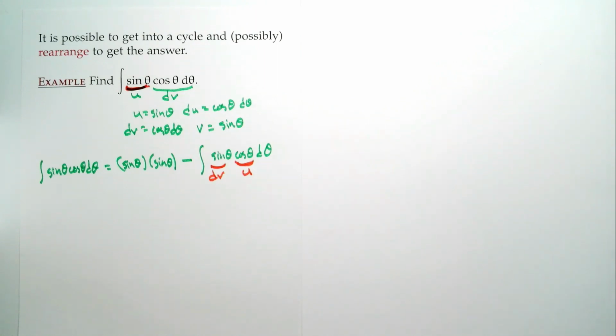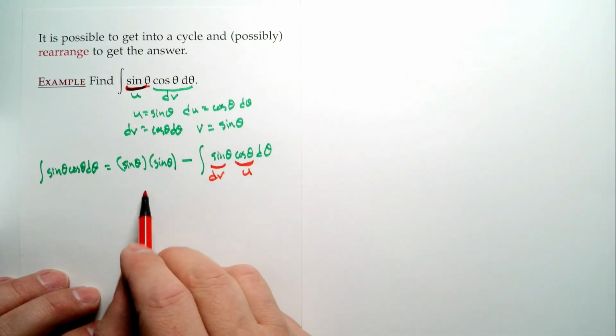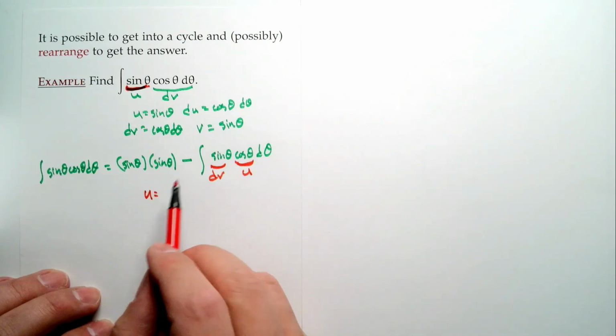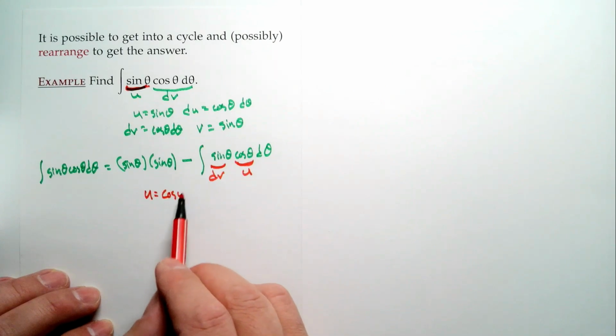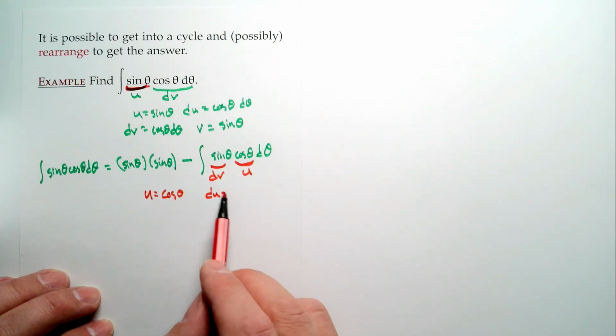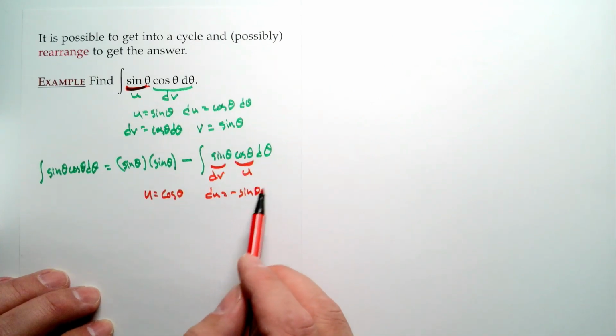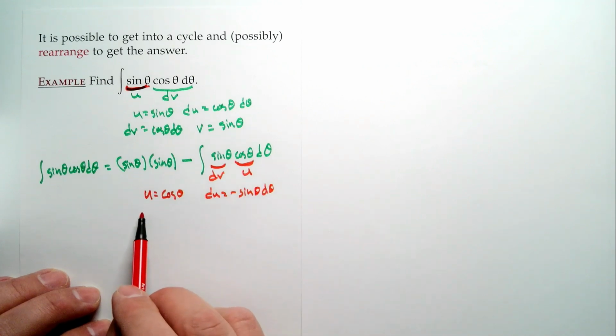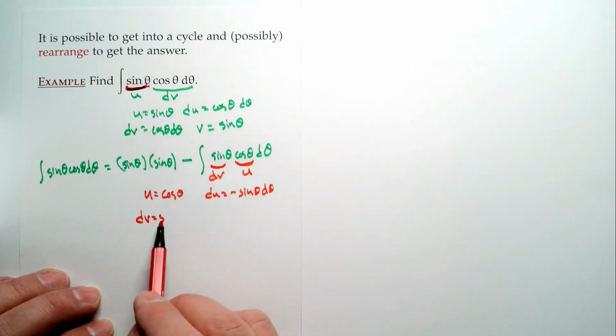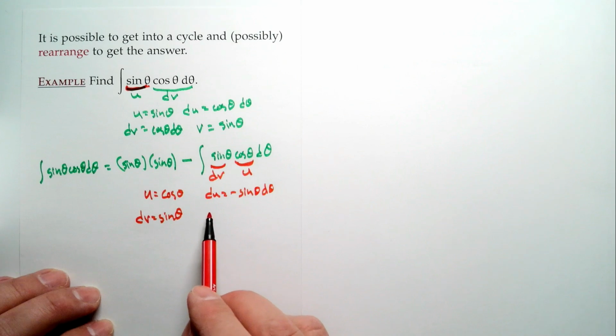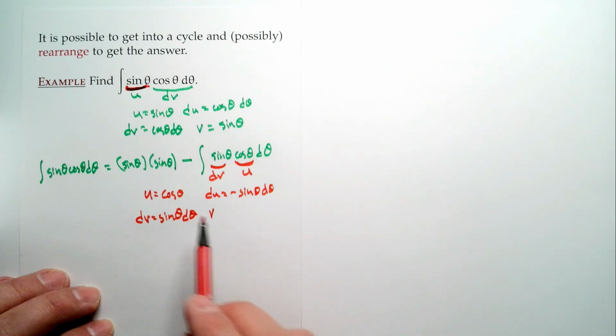I think we're okay. So if we do that, what's u? Well, u would be, that's what we said what u is. U is cosine theta. Du, that's what we need to know. That's negative sine. Then we have that dv is sine. And what's the integral of sine?